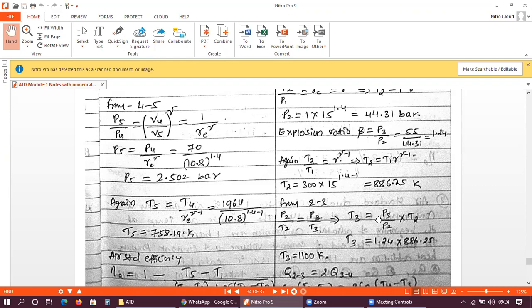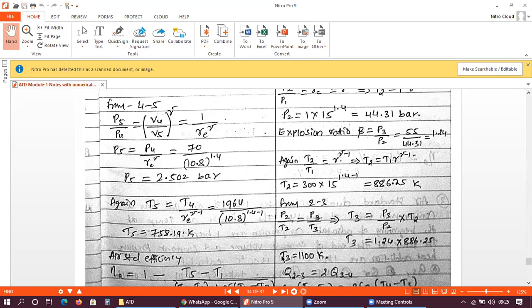Now substitute the values. T3 is equal to 1.24 into 886.25, so we get the value of T3 as 1100 Kelvin. This is the value of T3.